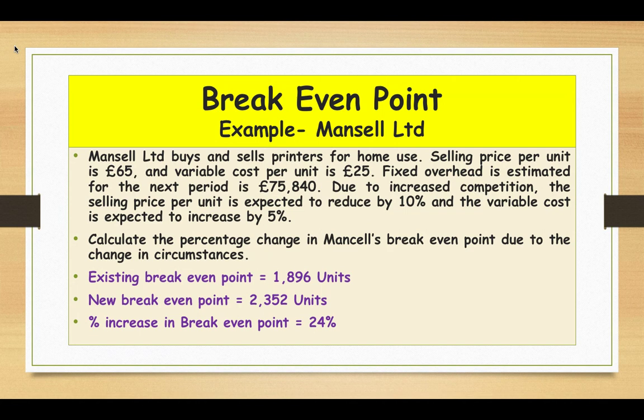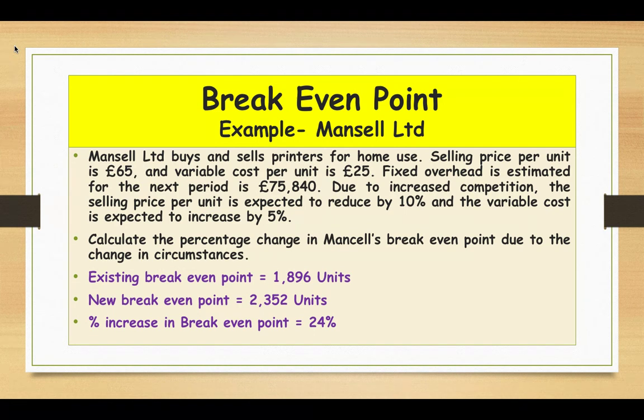So the contribution per unit is 40. So the existing break-even point is 75,840 divided by the £40 contribution per unit. So the existing break-even point is 1,896 units.